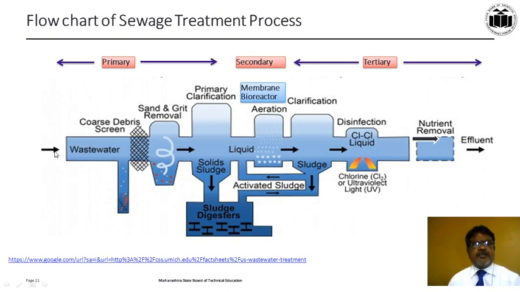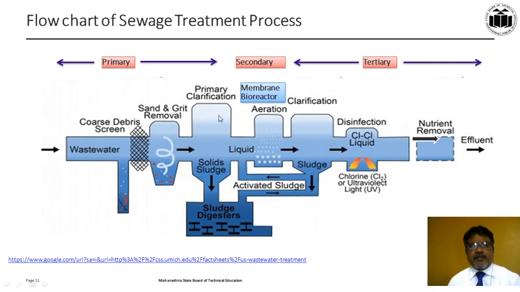This is the raw wastewater. Raw wastewater passes into the screen, then into the grit chamber, and then to the primary clarification or primary settling tank, PST. So these three treatments come under the primary treatment.